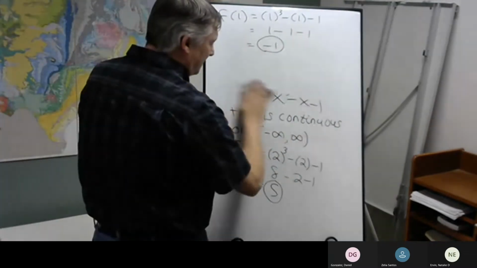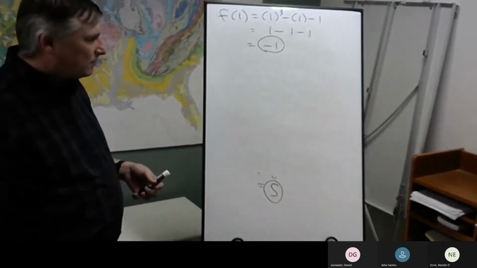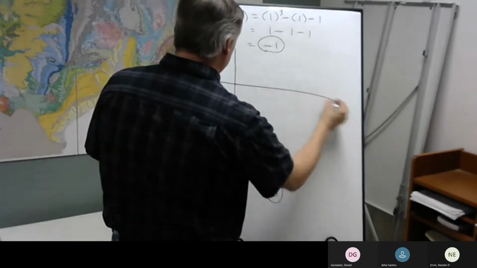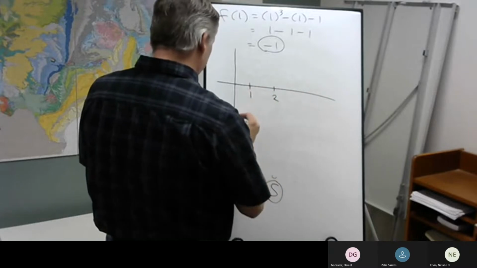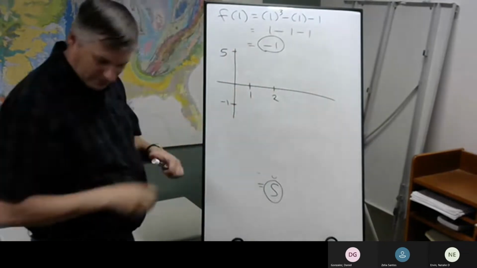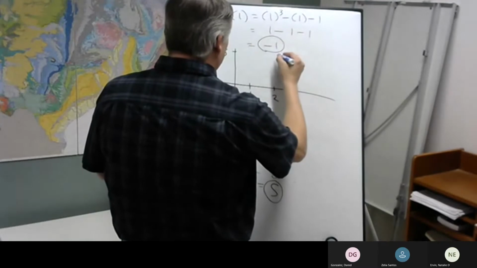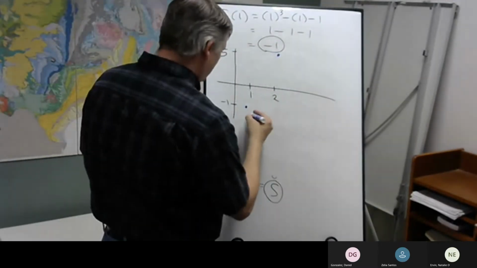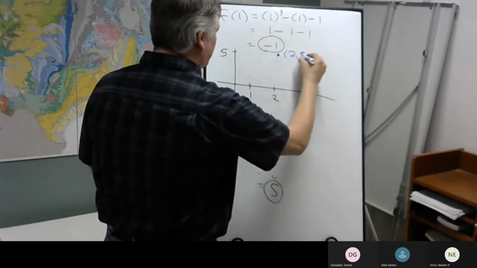So what does this do for us? Well, we could give a little graph. So roughly speaking, we found 2 points for this function: 1, -1, and 2, 5.